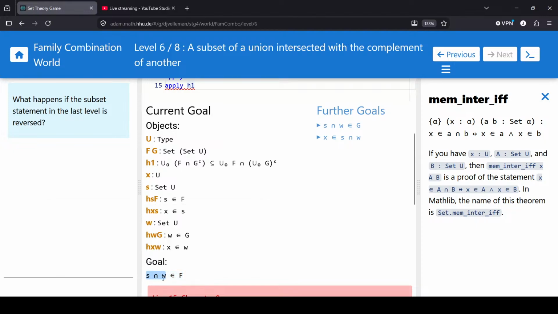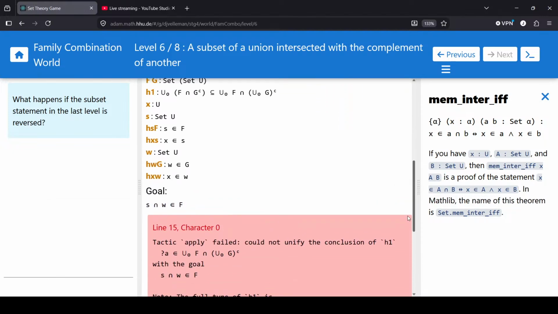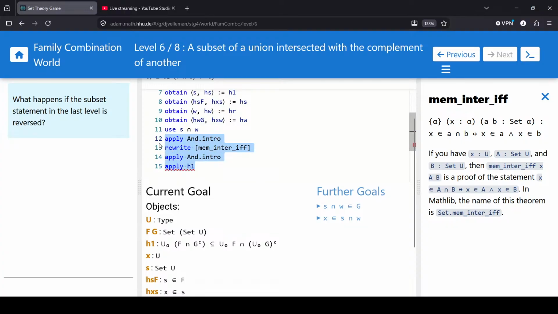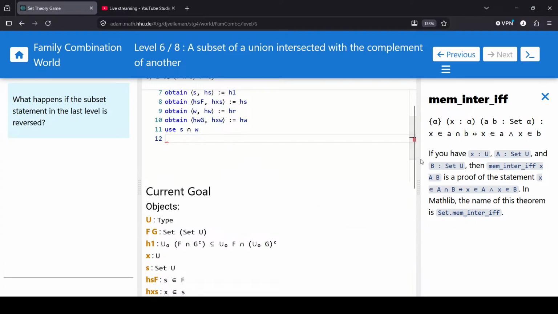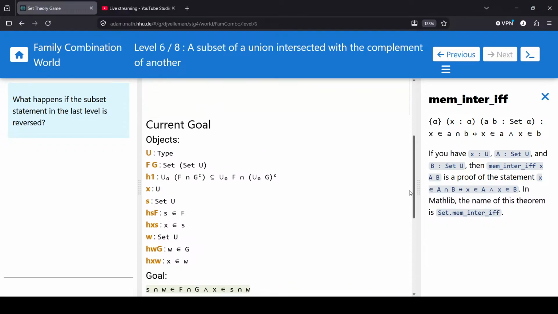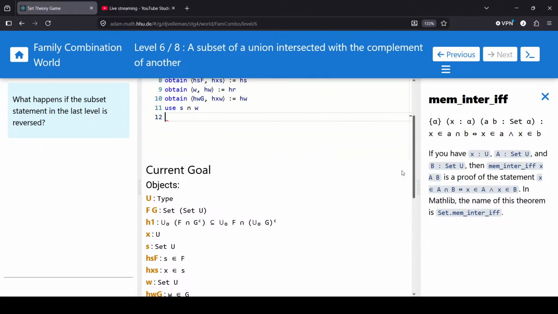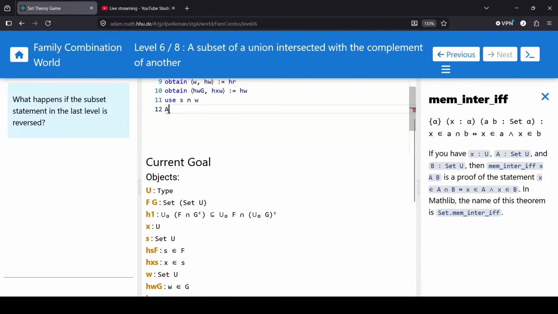But no, this is not. Okay, let's step backwards. Let's go backwards. Backwards is cool. I like backwards.